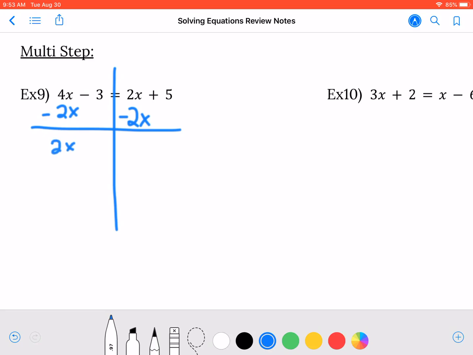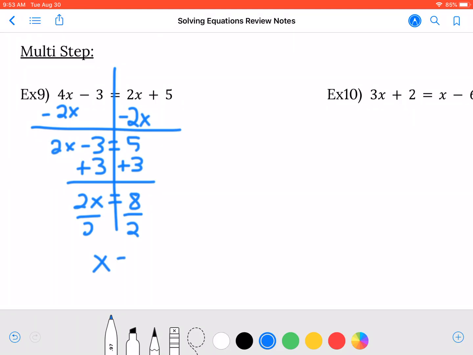There's lots of different correct ways you can get to the answer on these. So I end up with 2x equals 8, and then I'm going to divide both sides by 2. And I get x equals 4.